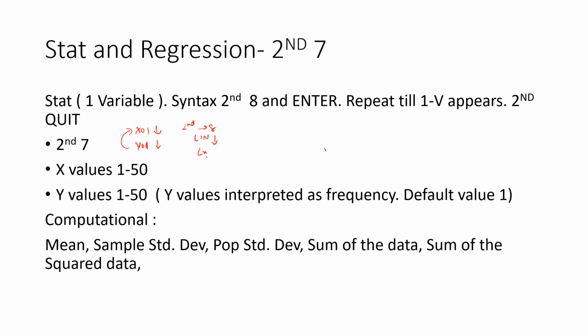Press 2nd enter: the next value is exponential. 2nd enter: the next value is PWR. 2nd enter: the next value is 1V. Now leave it at 1V by default. Is it clear?